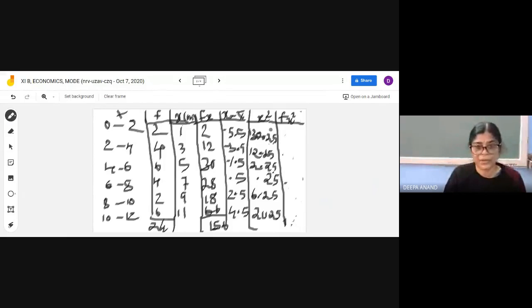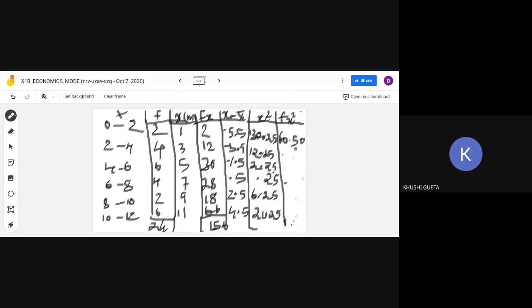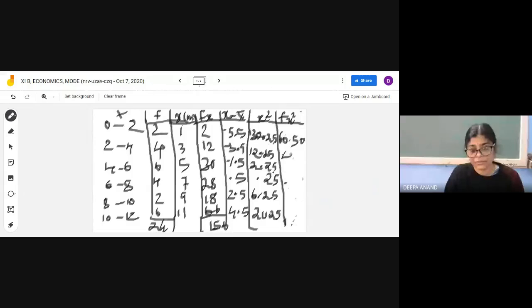Now f into this square. Okay, I will write it here just to see. This is 60 point... Somebody did it? 50. Yes. As it is decimal, the calculation is a little difficult.